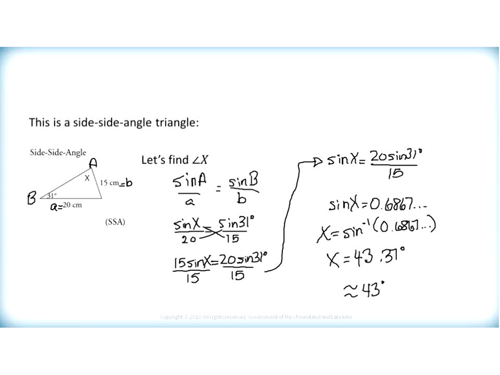That should make sense in the context of this problem, because the side opposite the 43-degree angle, x, is 20 centimeters. The side opposite the 31-degree angle is 15 centimeters, which is a smaller number. So the smaller angle has a smaller side opposite. So it does make sense that that would be a 43-degree angle in this case.